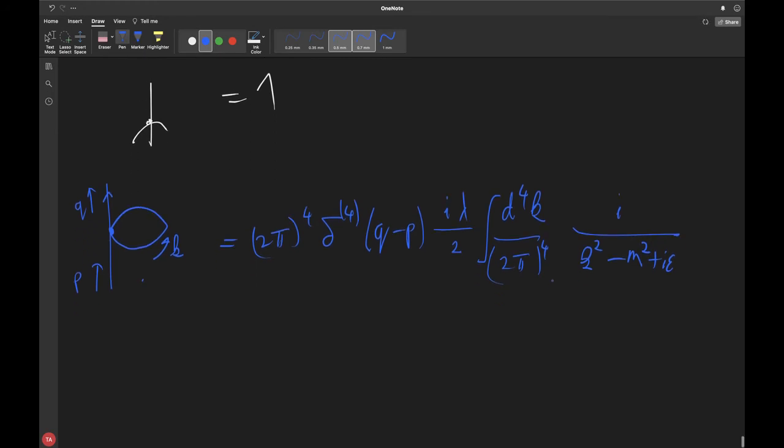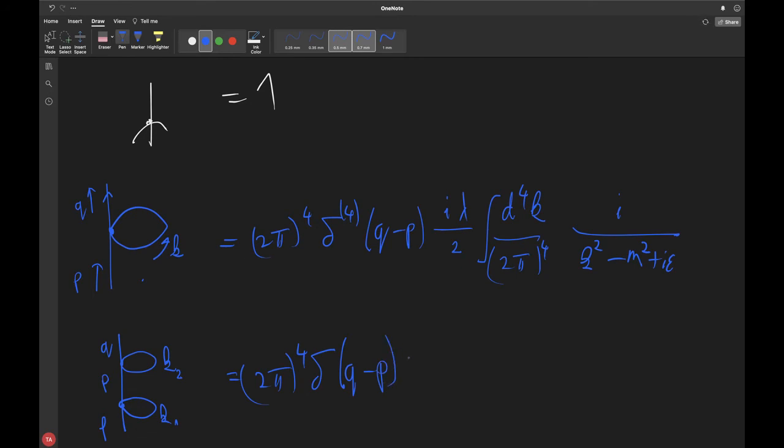Or we could have a diagram where we have 2 loops. So let's do this. This is p, let's call this k1. This is p again, and we have k2 here, and let's call the final momentum q. So if you want to describe this, we again have the 2 pi factor for the delta function for q minus p.